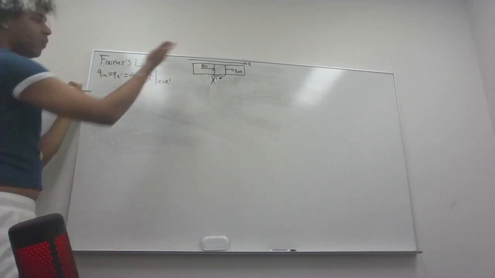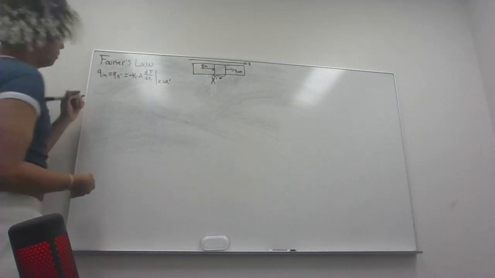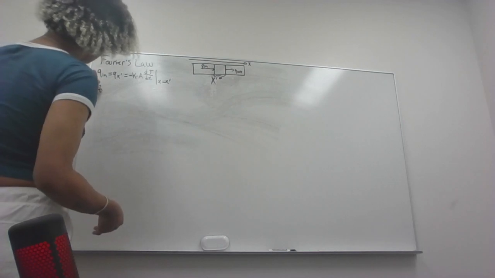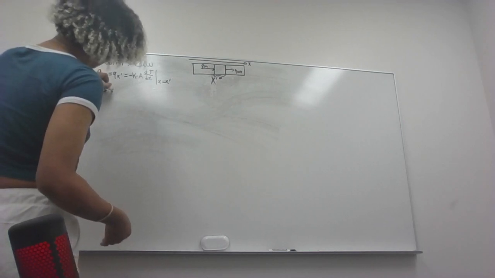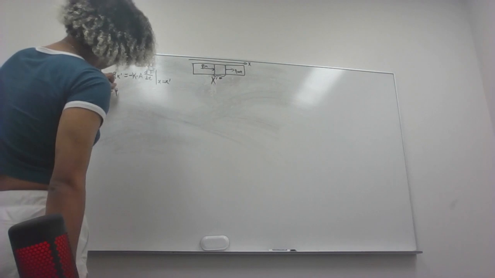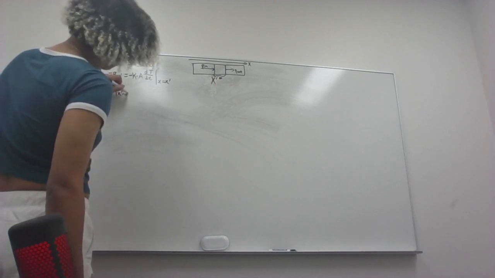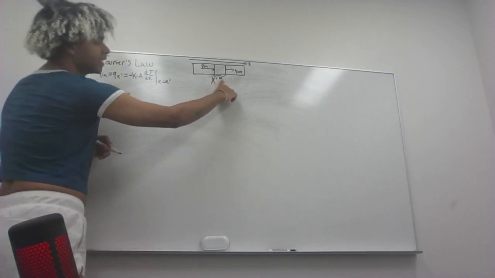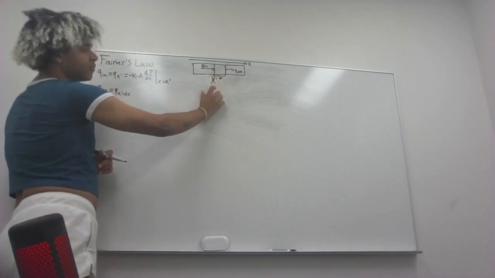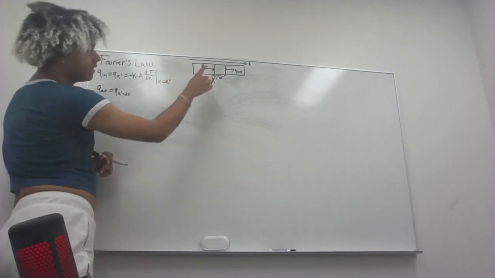So then what about heat flux going out of that section of the bar? Fourier's law also tells us that heat flux going out will be equal to Q at x prime plus dx. Dx, again, is that difference across this section of the bar.